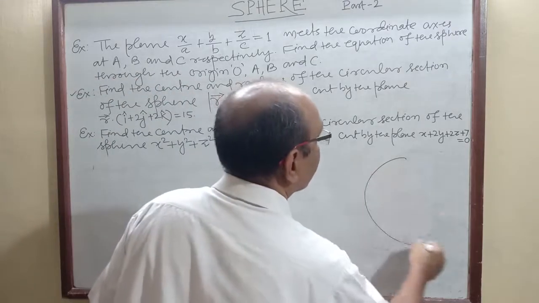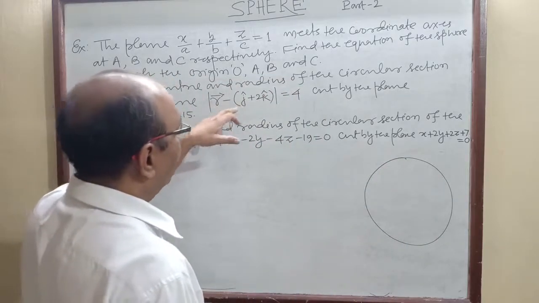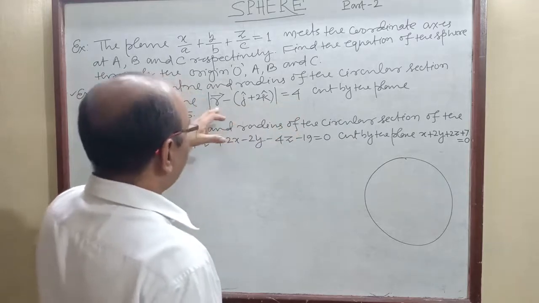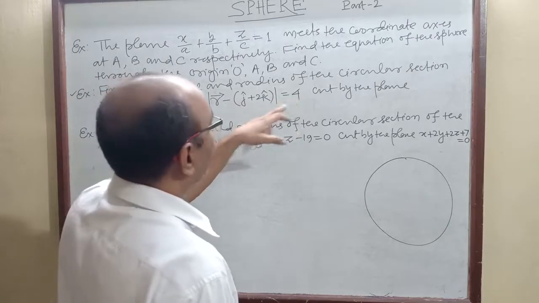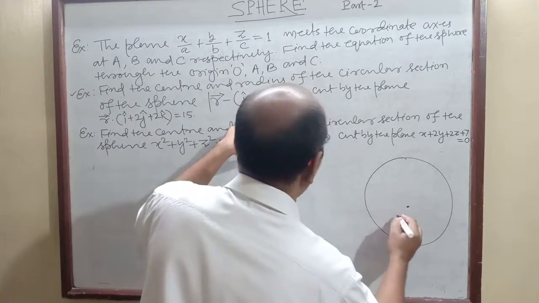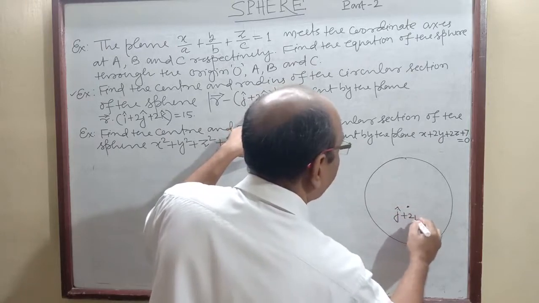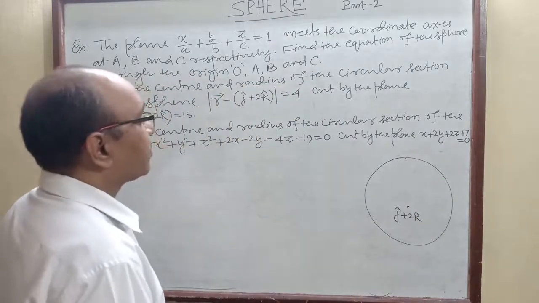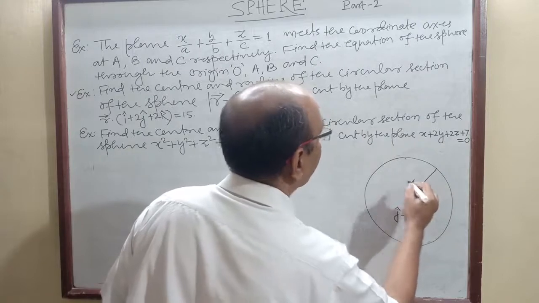One sphere is there whose equation is given, of the type modulus of vector r minus a equal to capital R. So its center is this. This shows its center is j plus 2k. It means the position vector of its center is j plus 2k and its radius is 4.